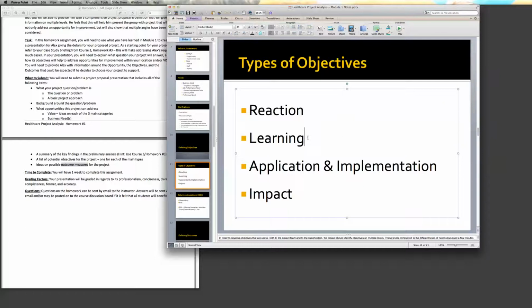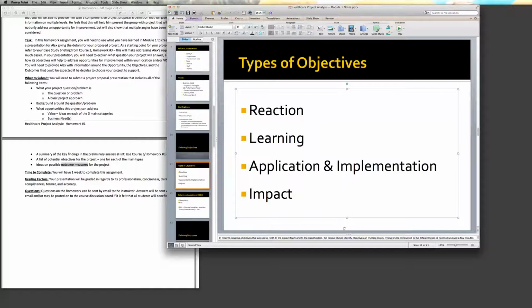Okay, so the learning objective would be by the end of first quarter, all physicians in the audiology clinic have been to a lunch and learn around the importance of coding and proper coding and how it affects the funding for our clinic.